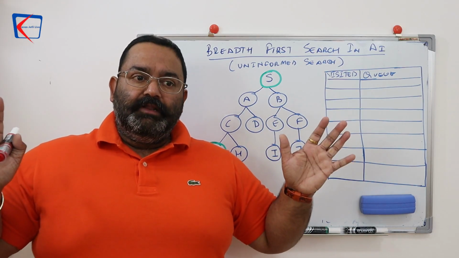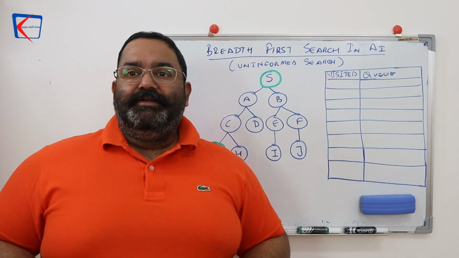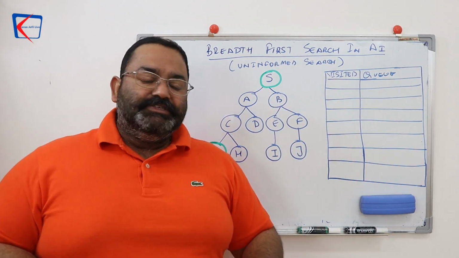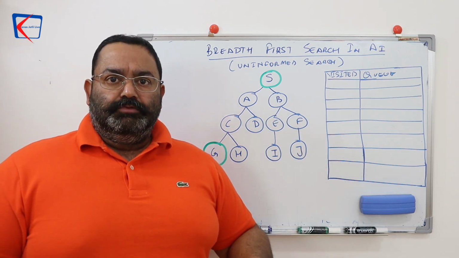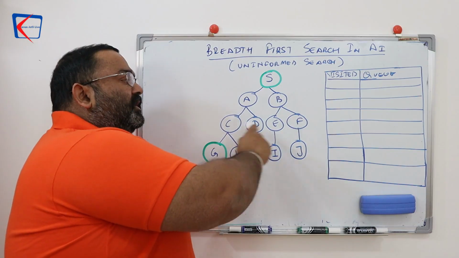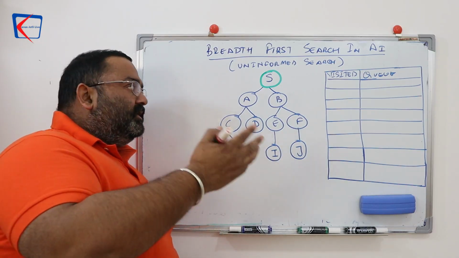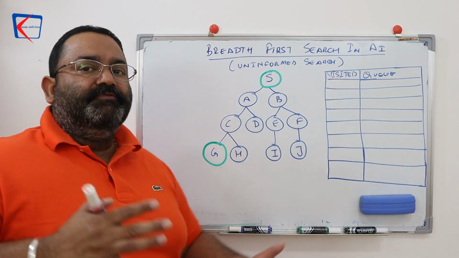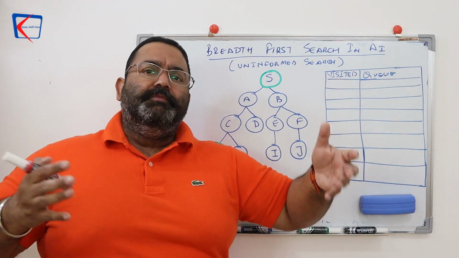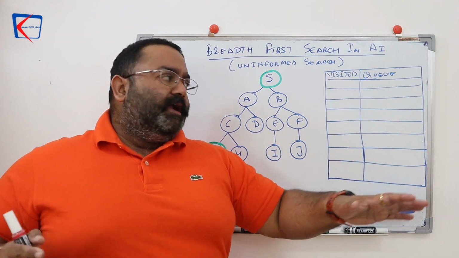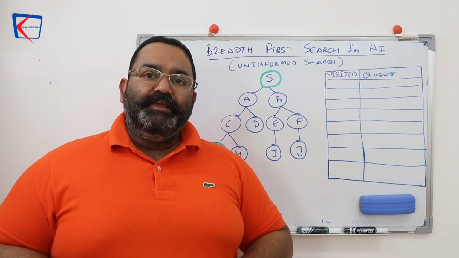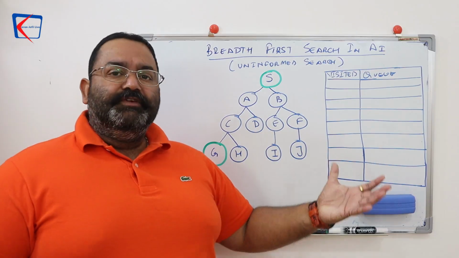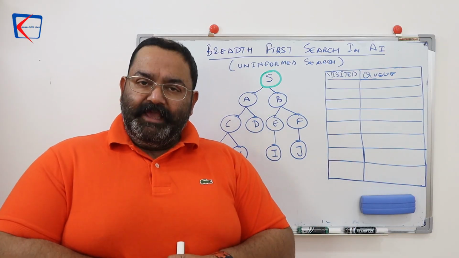It is not very optimal, but it is easy to implement, and it is not very memory efficient either. If my search space is very large, it takes a huge amount of memory and a lot of time for traversing every node. So not a very efficient algorithm, but easy to implement.